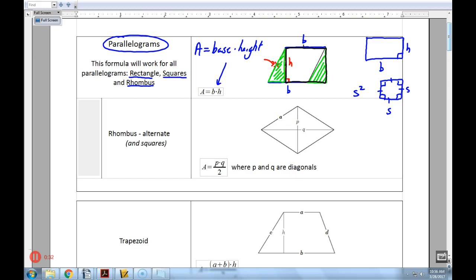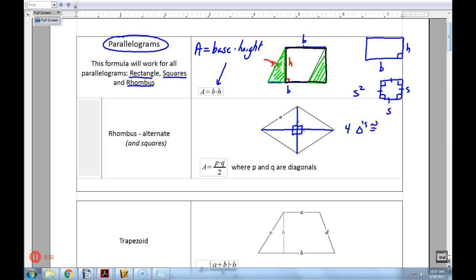Now, there is an alternate formula for a rhombus that I think is often easier. We talked about this in the properties: these two diagonals are 90 degrees and they bisect the corners, so basically you have four congruent triangles inside there.